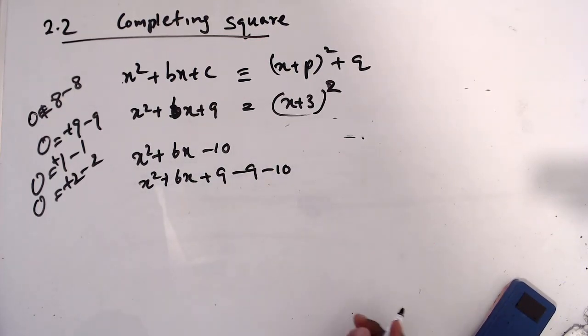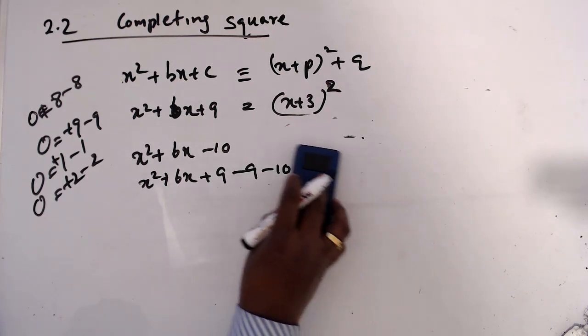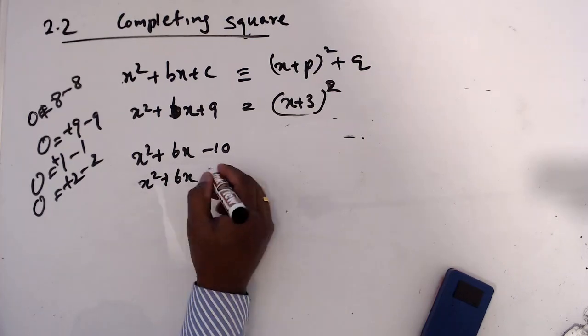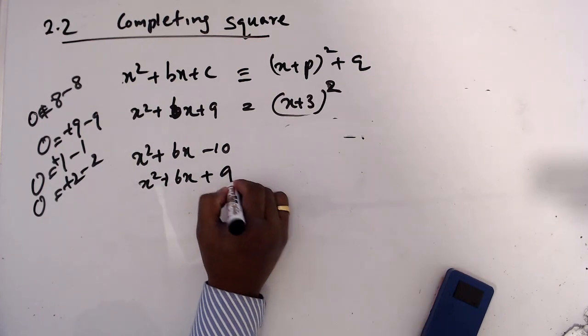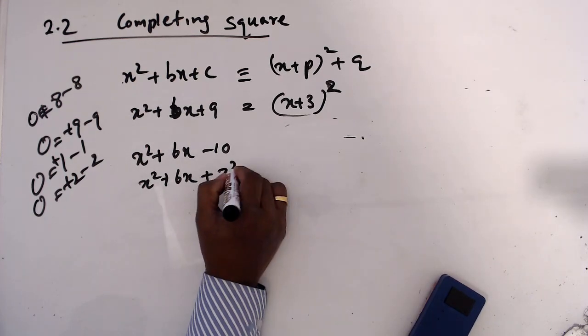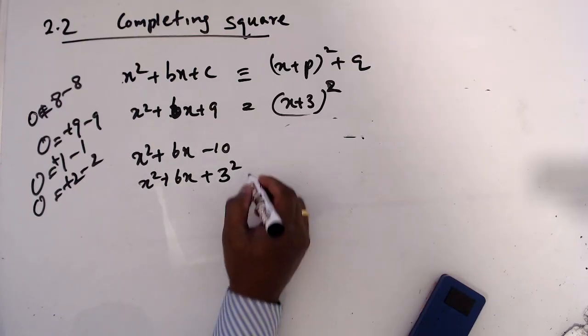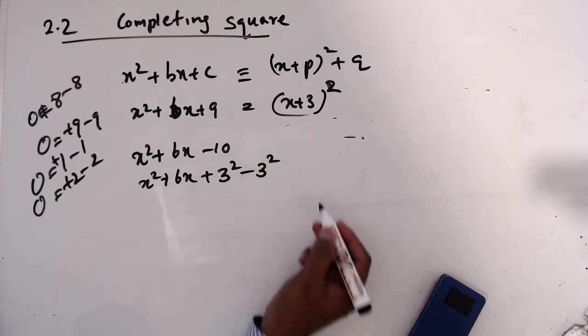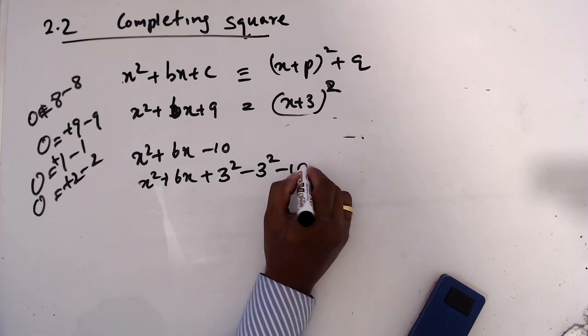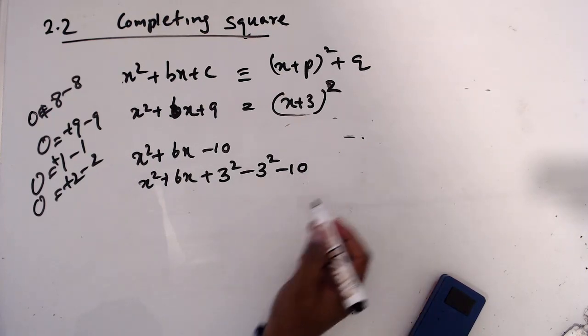And instead of that, I'm going to write x squared plus 6x plus, not plus 9, I'm writing 3 squared. And then I am minusing 3 squared. And minus 10 I wrote as it is.